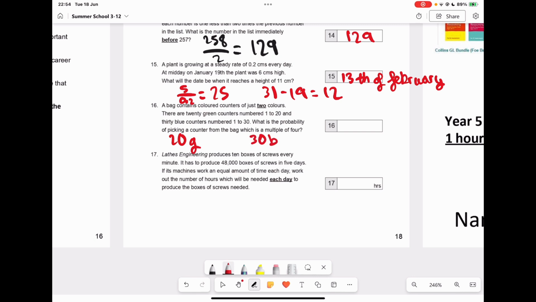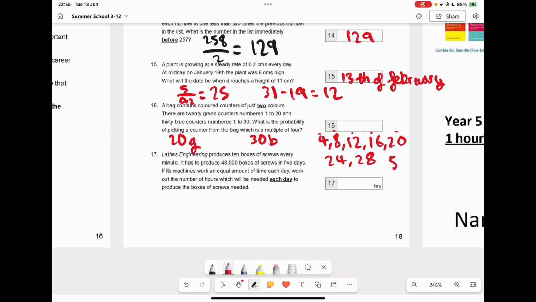And now we're looking at the probability that it's a multiple of 4. So between 1 and 20, the numbers that are multiples of 4 are 4, 8, 12, 16, and 20. And then going on to 30, that will then be 24 and 28. So we know that these 5 numbers come up twice.